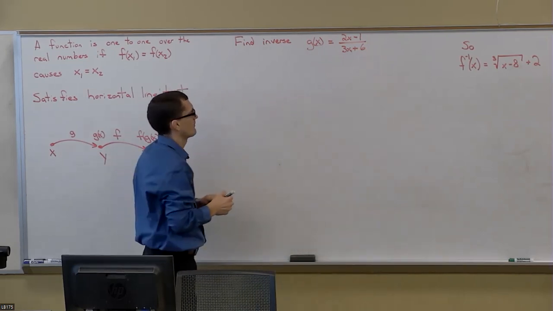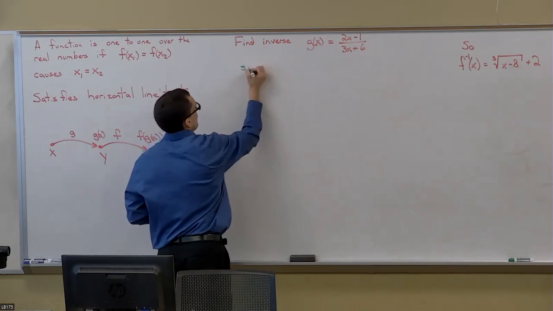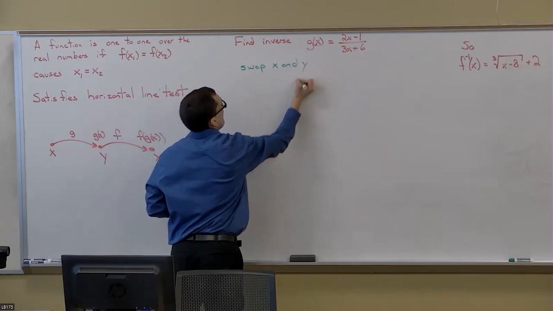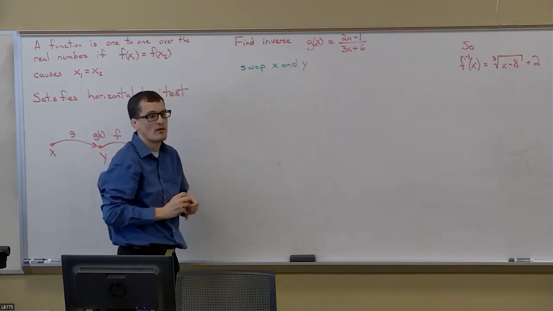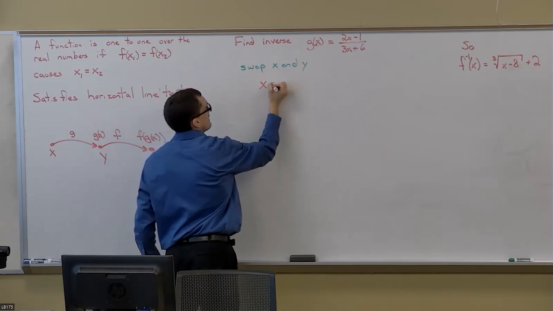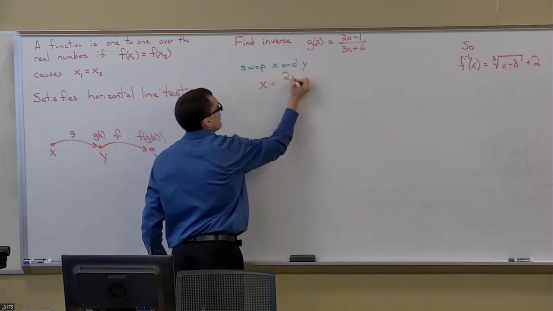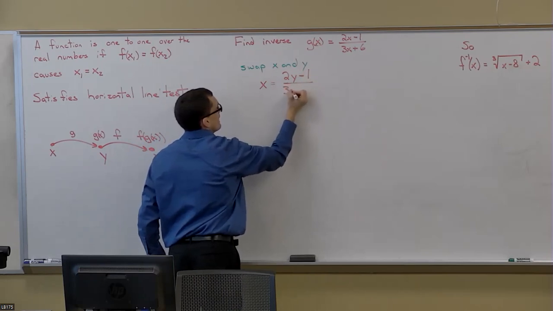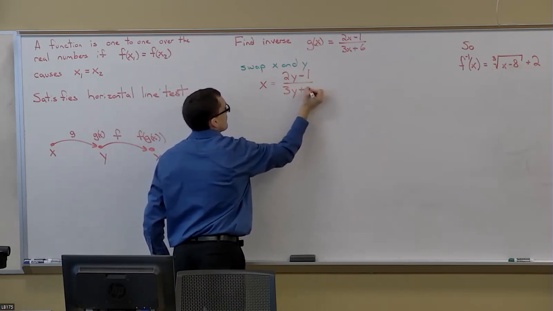Okay. So we want to swap x's and y's. I take x equals 2 times y minus 1 divided by 3 times y plus 6.